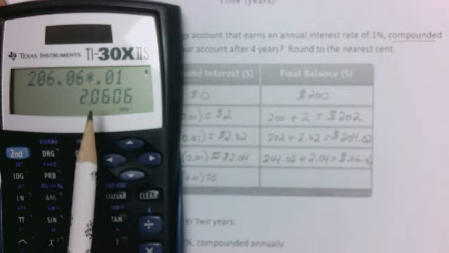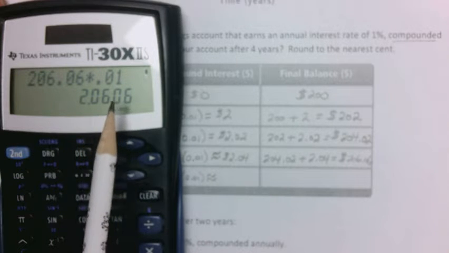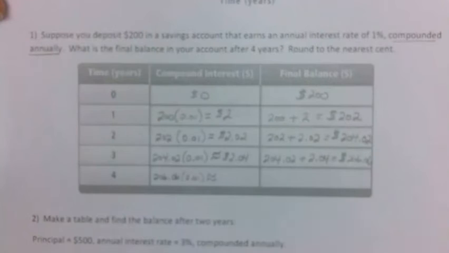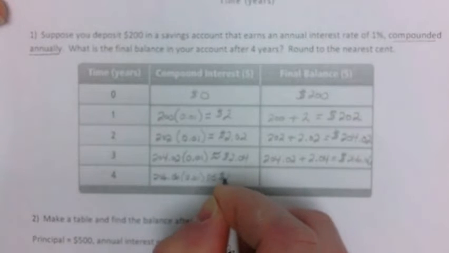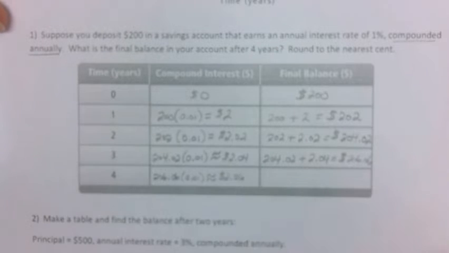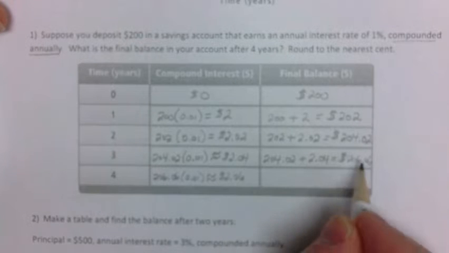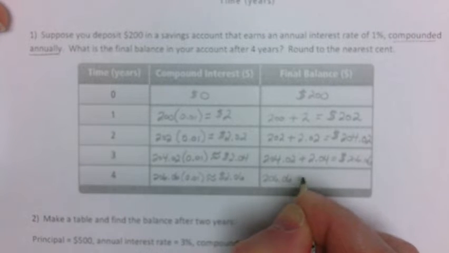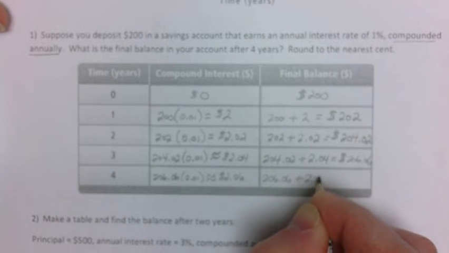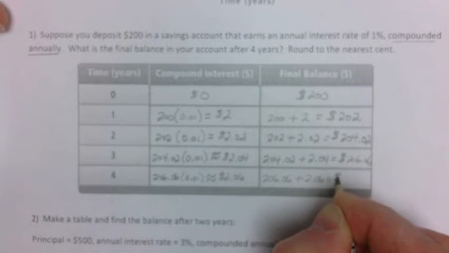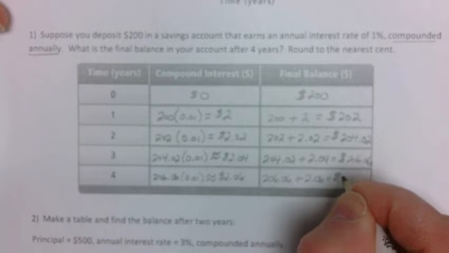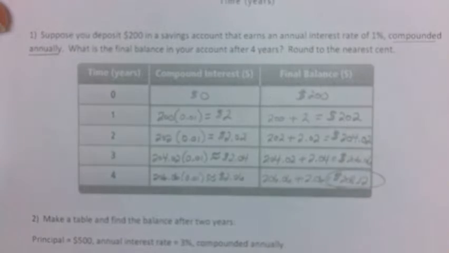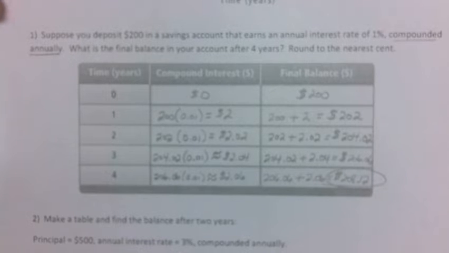When we round this, 600ths will not round up because of that zero there, so it's going to be about $2.06 in interest. And now to figure out year 4's balance, we'll take year 3's balance, $206.06, and add on the interest of $2.06, which means in year 4, our final balance is going to be $208.12. That is the account balance at the end of year number 4.